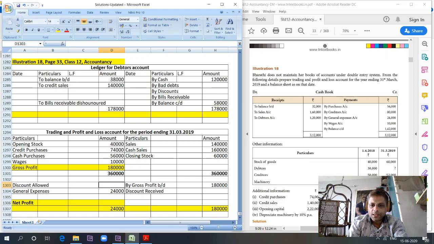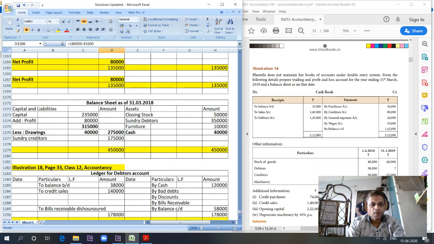Cost of machinery is 1,70,000. So it is equal to 1,70,000 into 10%, 17,000. So what is the net profit? There are no other transactions. Net profit is equal to 1,80,000 minus 41,000, gross profit minus expenses for the year. So that means that net profit is 1,39,000.